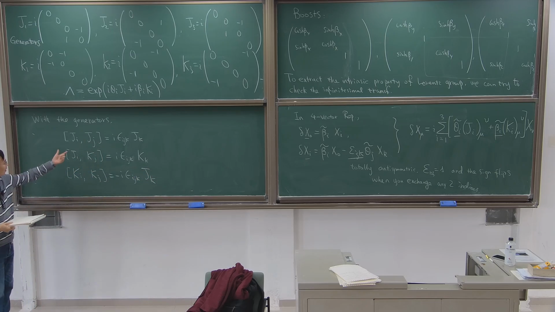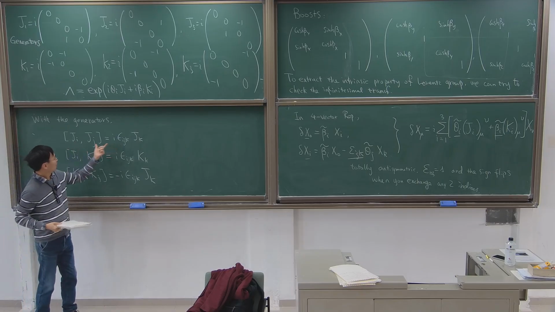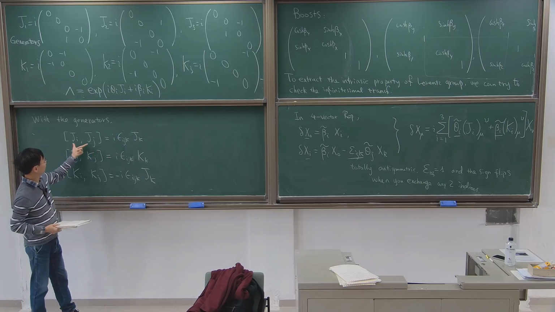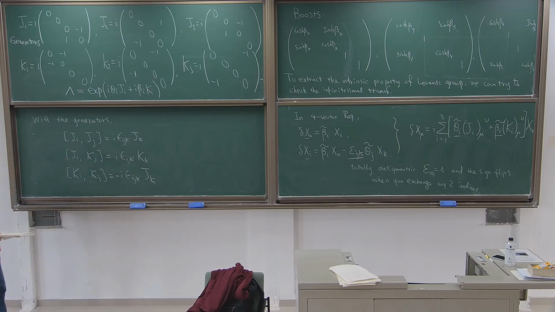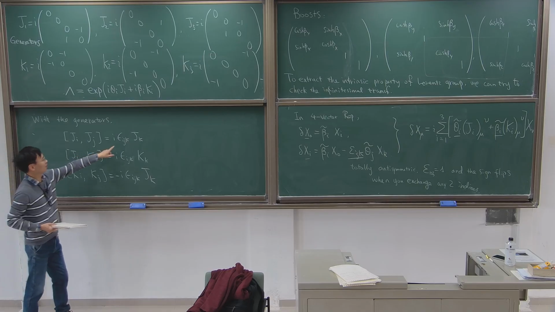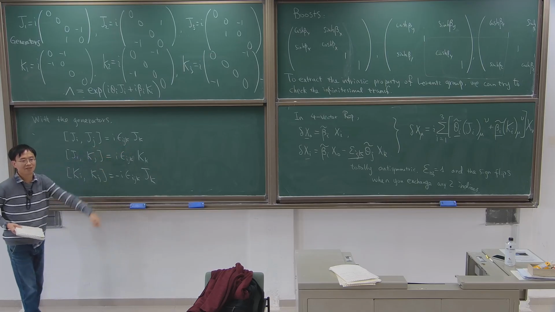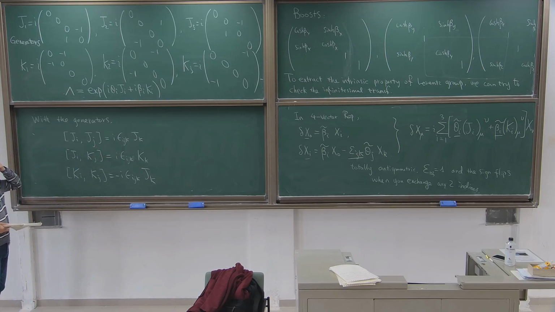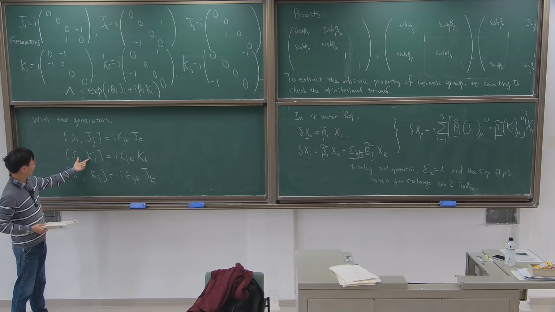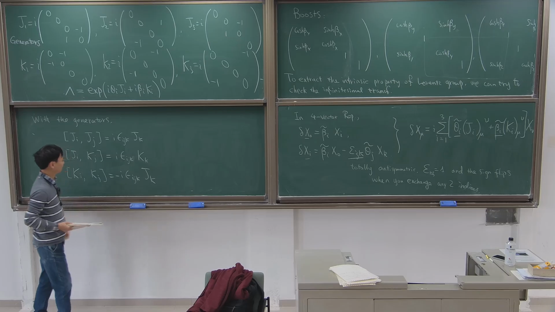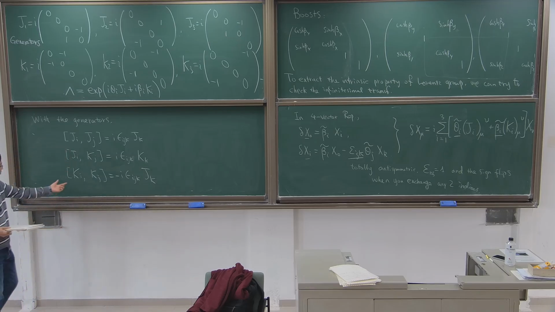It basically says the commutator of J_i and J_j gives you another J_k, with the coefficient epsilon_ijk. Okay? Just define epsilon_ijk, a completely anti-symmetric object. Now, if you commute J_i and K_j, you get epsilon_ijk K_k, and if you commute K_i and K_j, you get a J. Okay?